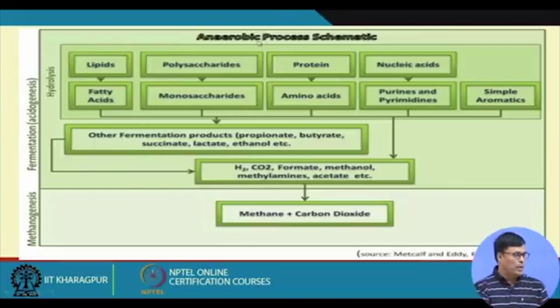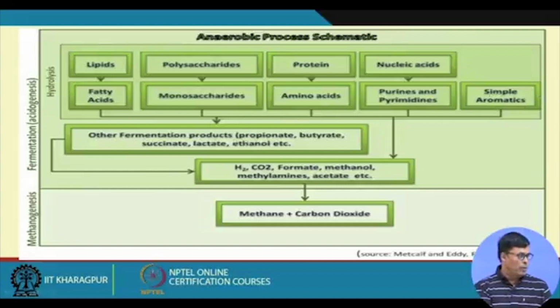Now, if you look at how the degradation takes place, I told you these are lipids, polysaccharides, proteins, and nucleic acids. The lipid will degrade to fatty acids, polysaccharides will degrade to monosaccharides, proteins will degrade to amino acids, and nucleic acids will degrade to purines, pyrimidines and simple aromatics.